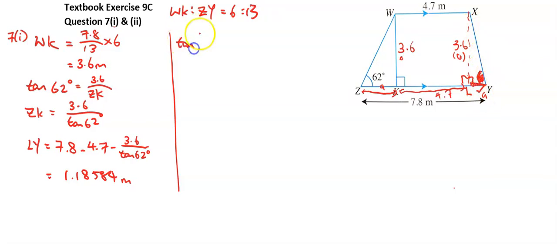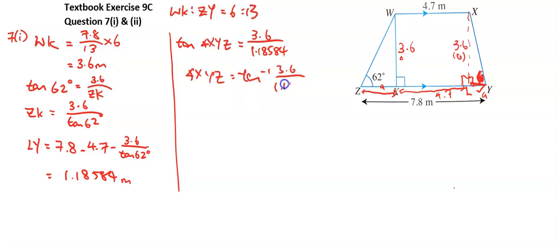So tangent of angle XYZ equals 3.6 over LY, which is 1.18584. So angle XYZ will be inverse tangent of 3.6 divided by 1.18584. In your calculator you should get 71.76803 degrees, and round off to one decimal place because this is an angle in degrees: 71.8 degrees to one decimal place. So this is the answer to 7 part 1.